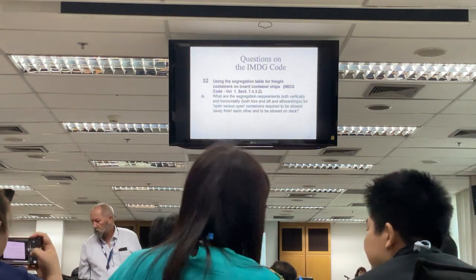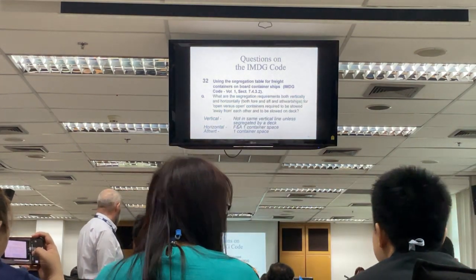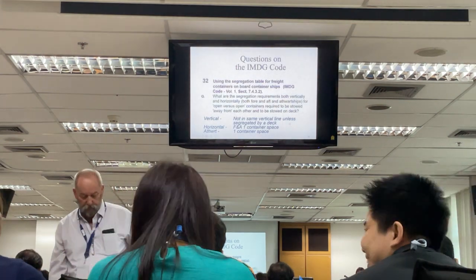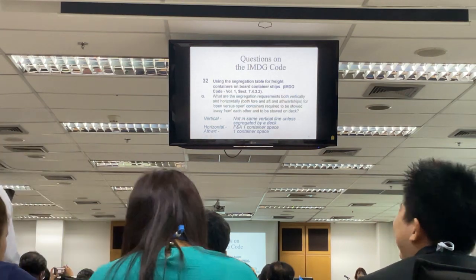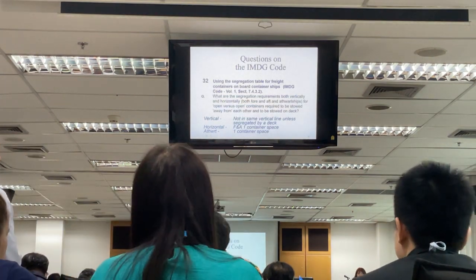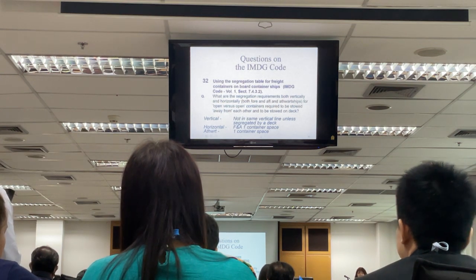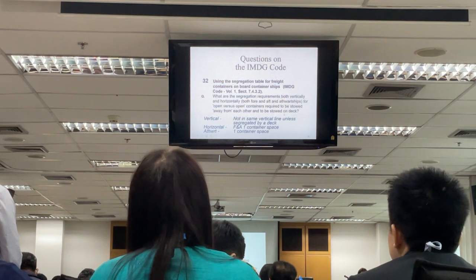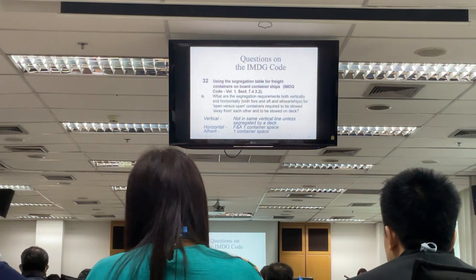So the answer is, you can see here, vertical, not in the same vertical line unless segregated by a deck. Horizontal, fore and aft, one container space. Athwart ships, one container space. For open versus open.